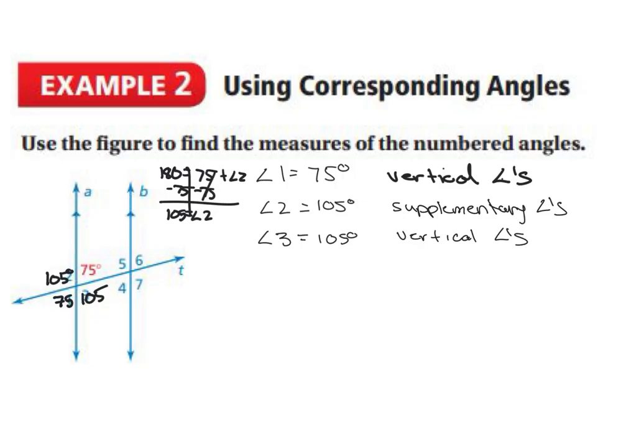And now flipping to the other side, everything here technically could just be a corresponding angle. Angle 5 is going to be 105. And that one is corresponding with angle 2.